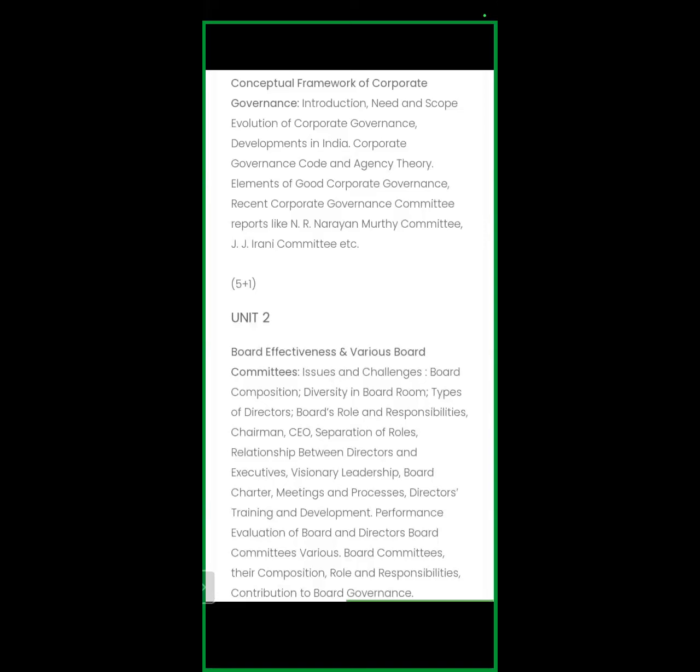So from that year onwards, this corporate governance, it is not that earlier corporate governance was not there. It was there. The problems related to corporate governance were very less because of the strict rules and regulations.